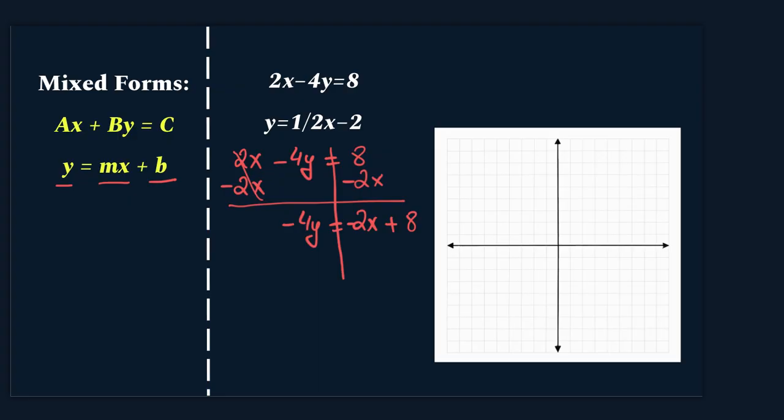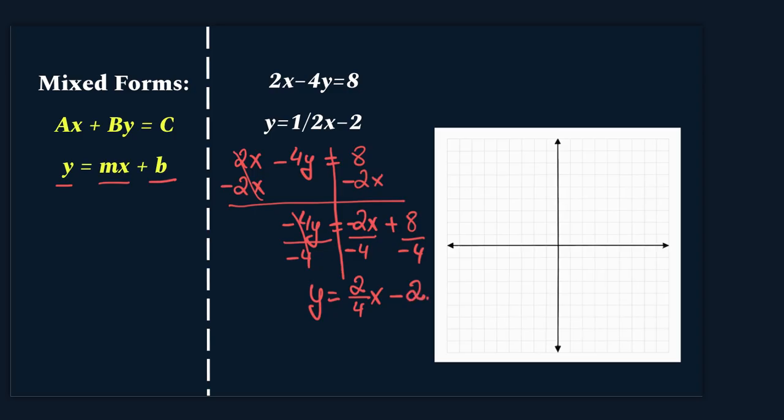So we're going to divide both sides by negative 4, because we still are solving for y. Y will equal negative 2x divided by negative 4, which is positive 2 over 4x, and then 8 divided by negative 4 is minus 2.